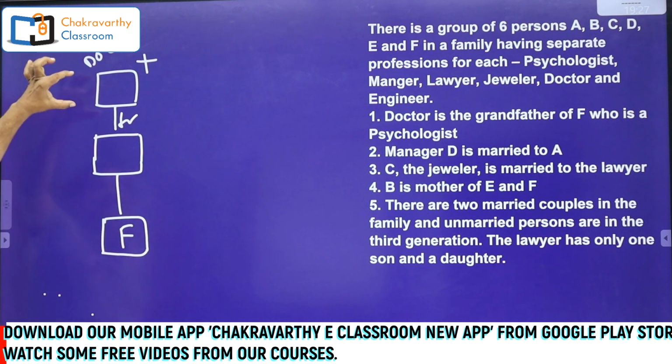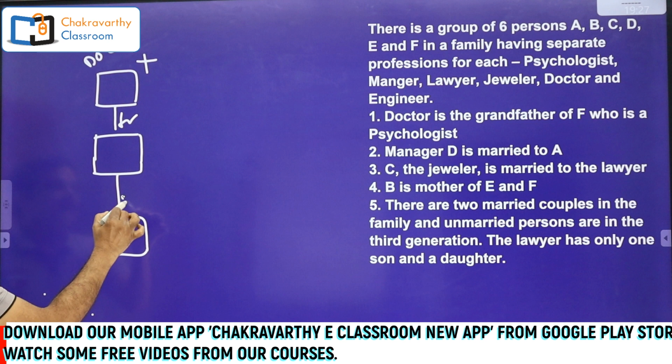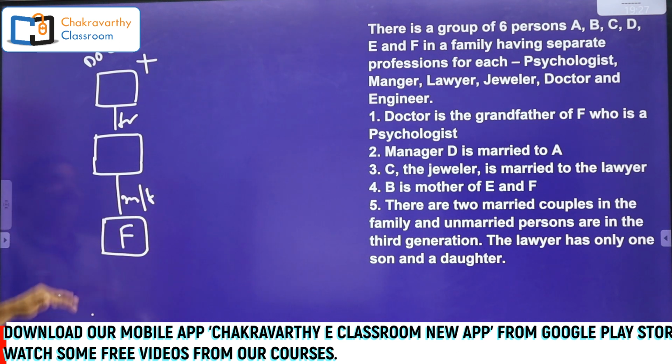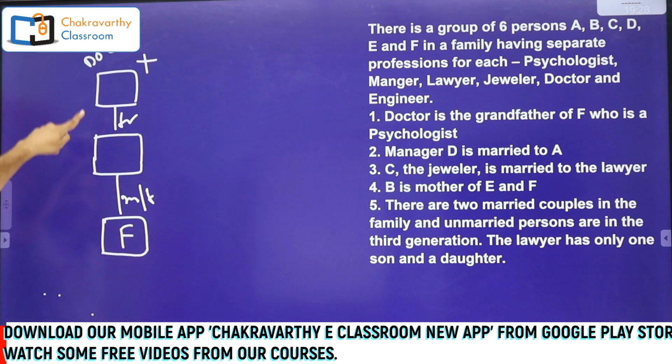So now here this is the doctor, male, father of somebody. This we have imagined. This person can be male or female, I don't know, and this person must be mother or father. Always read top to bottom, left to right, one of the rules. Then, doctor is grandfather of F.